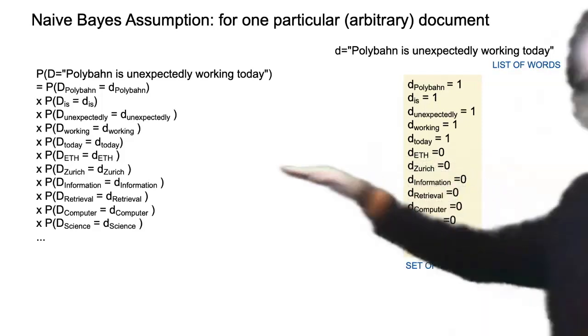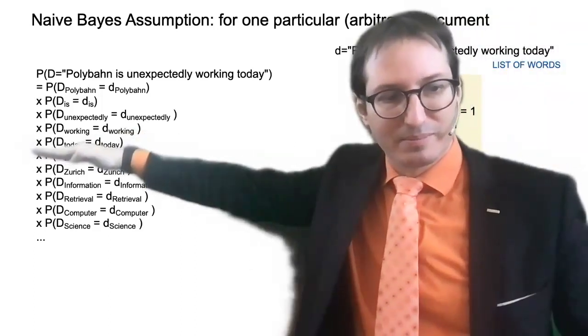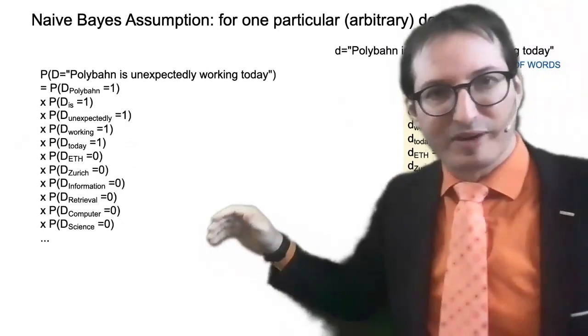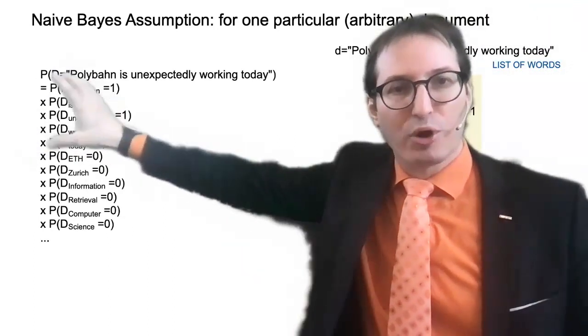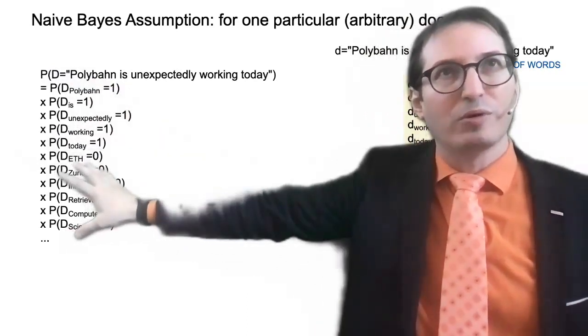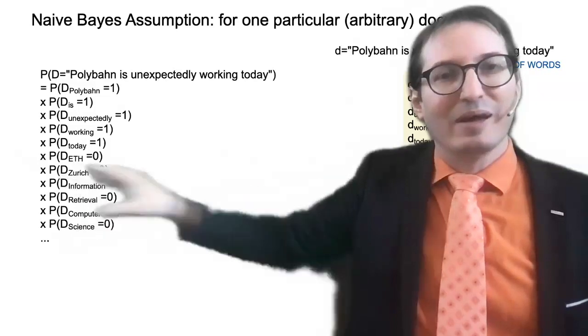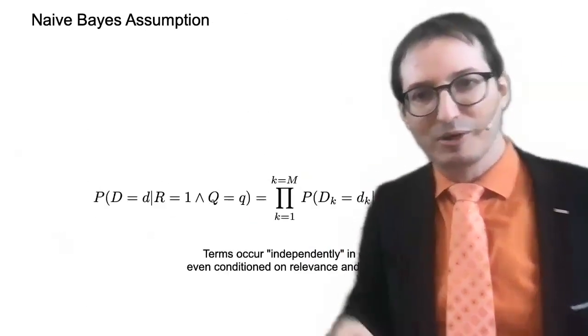In other words, I'm splitting my product like this. And it might be more obvious if I showed you this. This is how I'm splitting my product. I have the product for which it's 1 times the product for which it's 0. Who is with me?